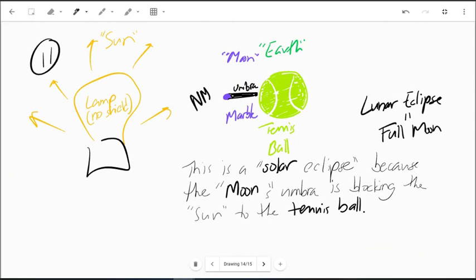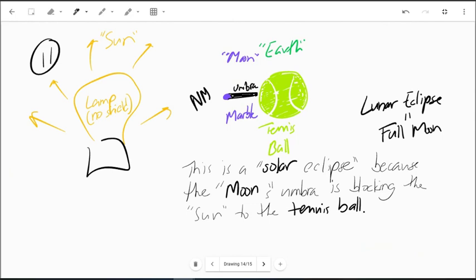Okay, a lamp is much larger than a marble, but being several meters or several feet from the lamp, the marble will appear as the same size as the lamp. 1-to-1 aspect ratio, right? And that's what we have out in space. The moon, much smaller than the sun, but at its distance, it looks 1-to-1, same size.